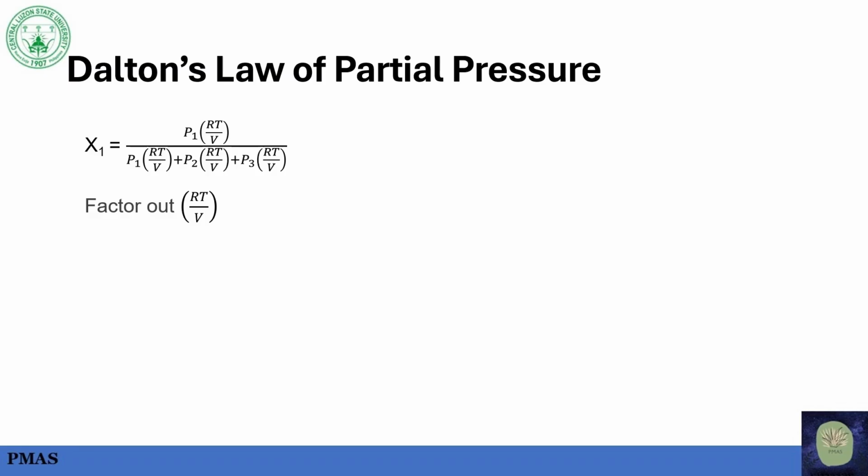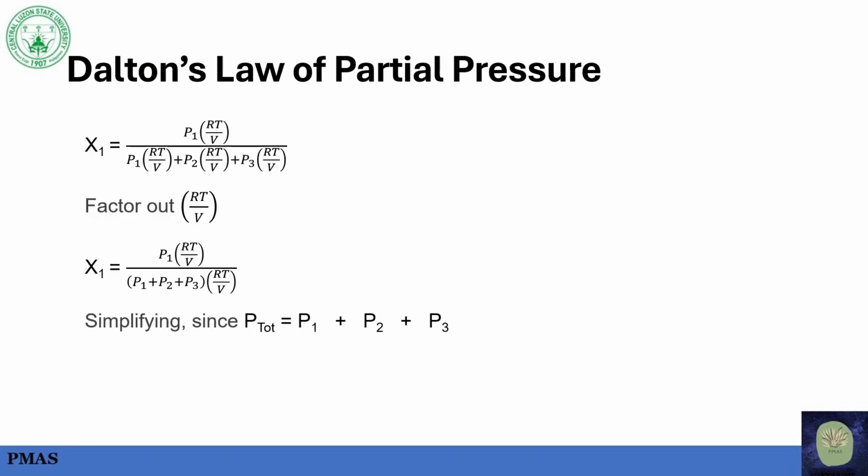Then if we factor out the RT over V, since this would be constant, we arrive at P1 over P1 plus P2 plus P3, and this sum is our total pressure.